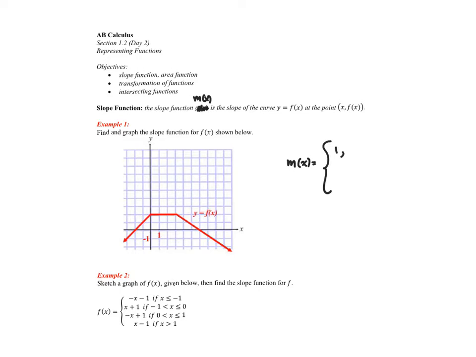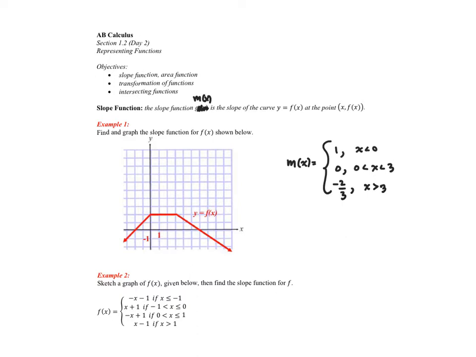So as we look at this, we would say that m of x is equal to 1 when x is less than 0. Then we transition to the second portion of the graph, which is a slope of 0 from x equals 0 up to x equals 3. And then from there, we transition to a negative slope. It looks like negative 2/3 when x is greater than 3.